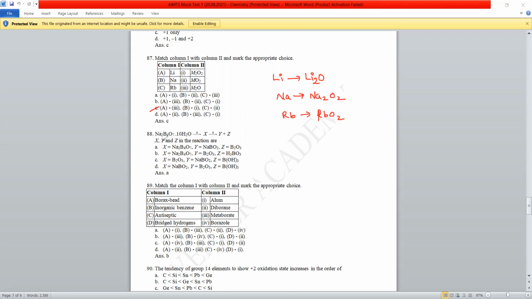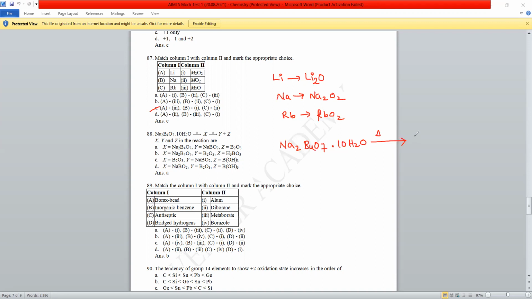So 88. Na2B4O7 on treatment with 10 moles of H2O on heating. What will happen? Water molecules are eliminated. So on heating, what will happen here?